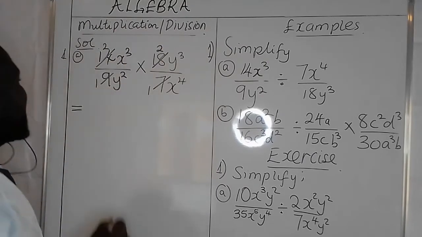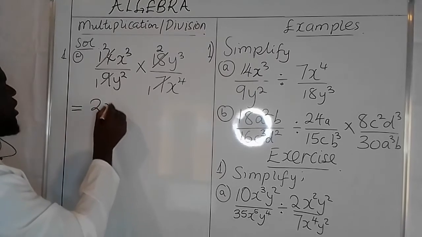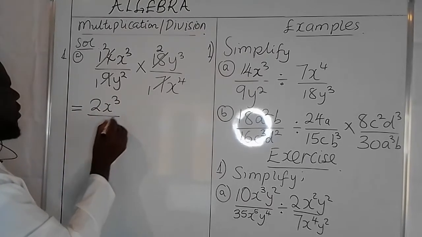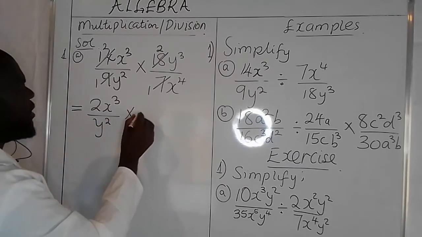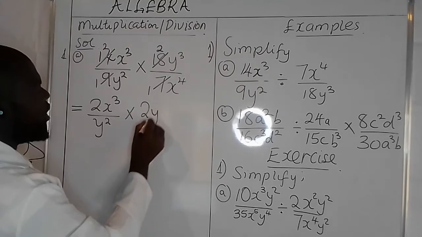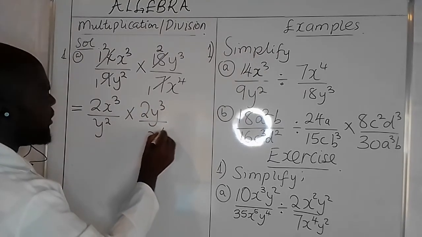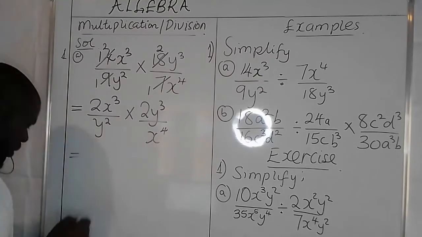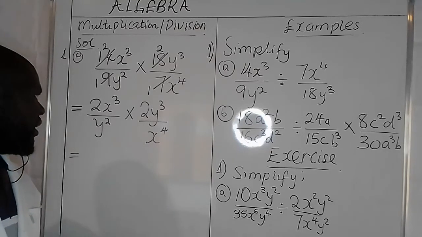Yes, so that we are ending up with 2x^3 out of y^2 multiplied by 2y^3 out of x^4. So this is what we are remaining with after looking for the common factors diagonally.